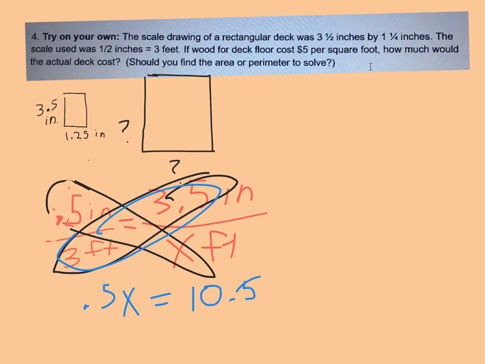So I'm going to divide by 5/10 to get x all alone. So 0.5 divided by 0.5 turns that just to 1. And I've got to do the same to the other side, divide by 0.5.